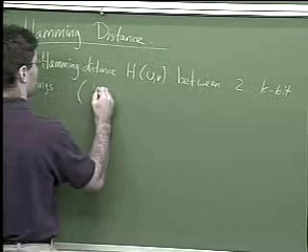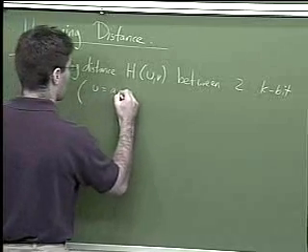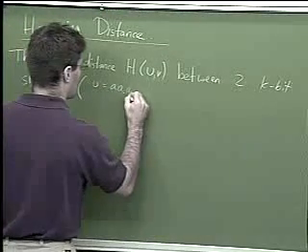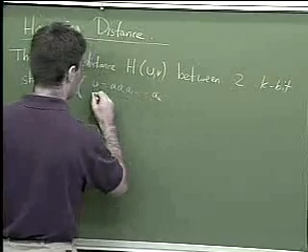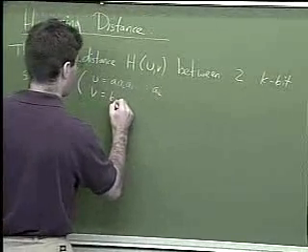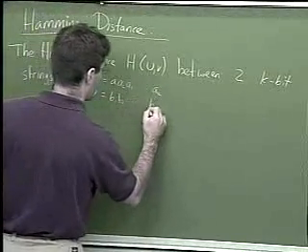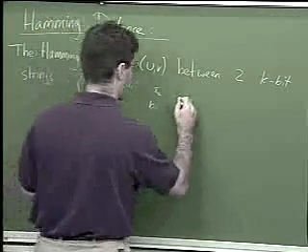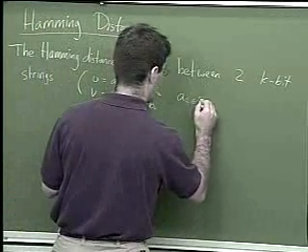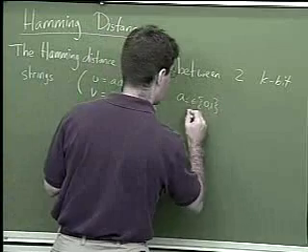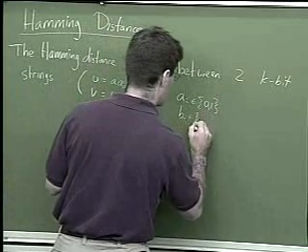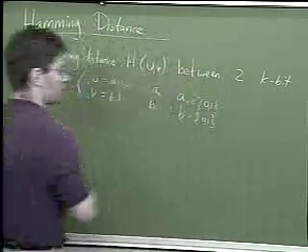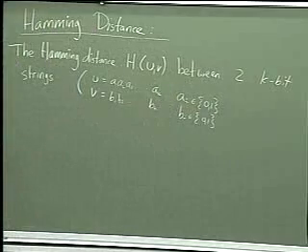Okay, so what I mean is that u is a1, a2, a3, dot dot dot, ak. v is b1, b2, dot dot dot, bk, where each ai is either 0 or 1, and each bi is either 0 or 1.